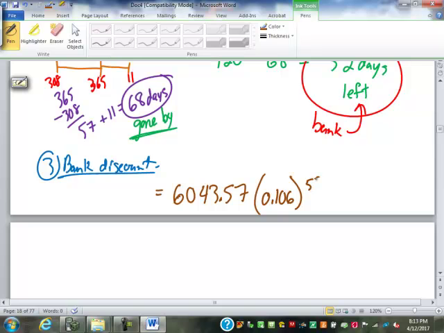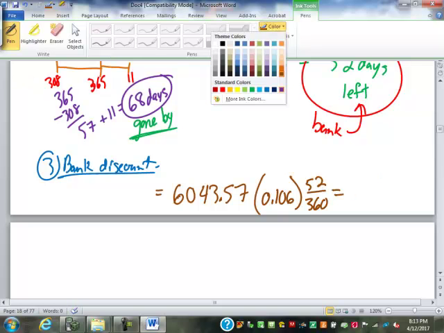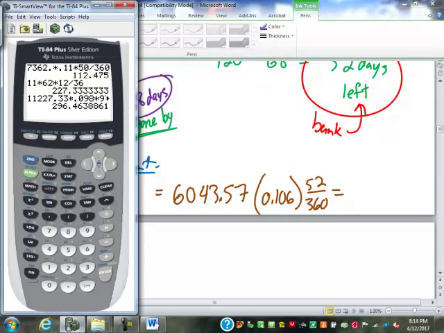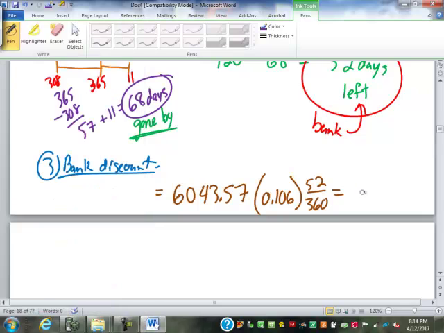And 52 is my period over 360. So if you had that period wrong, of course, this interest would be incorrect. So I'll do 6043.57 times 0.106 times 52 over 360. $92.53 is that discount.